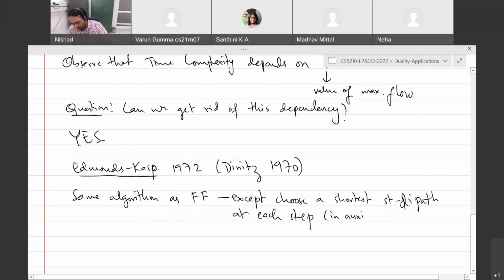Right? And that will correspond to a shortest X incrementing ST path in your original graph. Okay. So the algorithm is very simple.